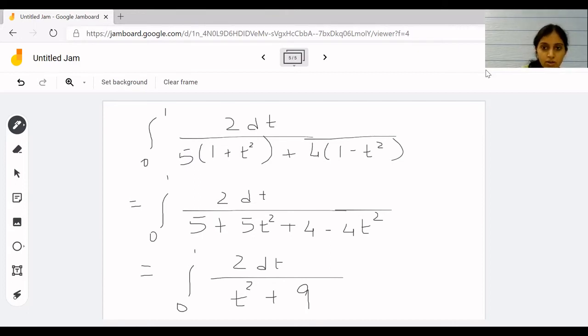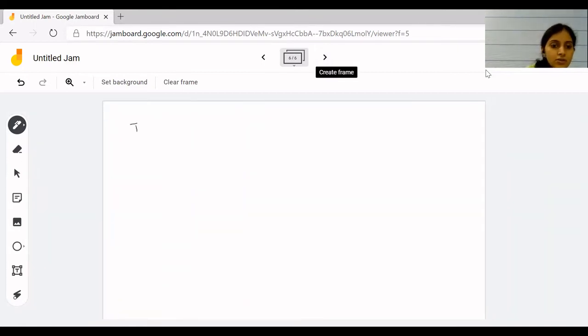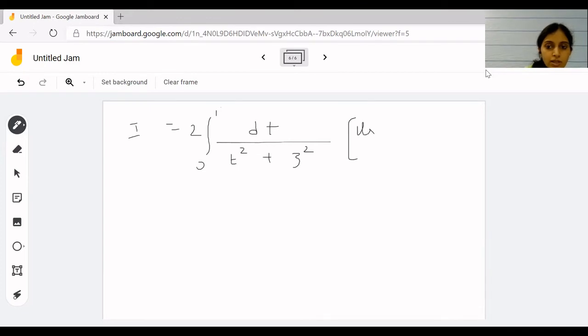Okay, so what will be the integration of this? I will be equal to 0 to 1, 2 outside, dt upon t square plus 3 square. I know the integral of 1 upon a square plus x square dx is equal to 1 upon a tan inverse x by a.